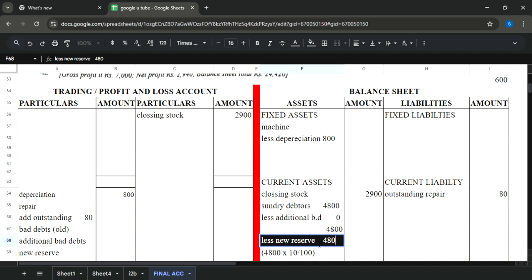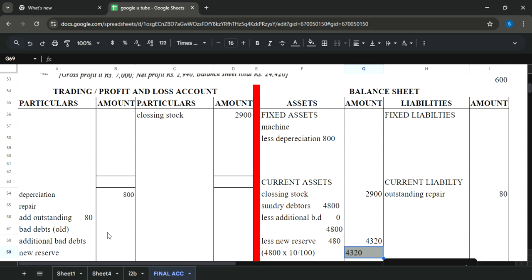So finally the net amount would be posted over here. This 4800 as our first part, we need to subtract additional bad debts which are 0, not present in the question. Then new reserve would also be subtracted, which is 480. So finally we have got our amount 4320.